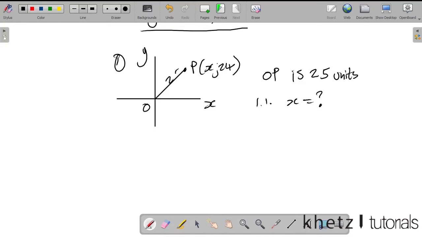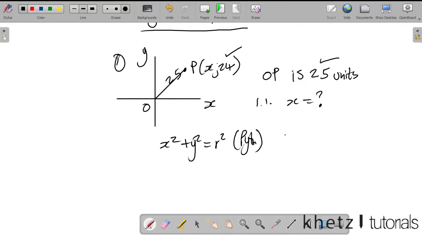We're told that r is 25, and we have a formula which says x squared plus y squared is equal to r squared. That is due to the Pythagoras Theorem. We can find x because we know y and we know r, the length of OP.